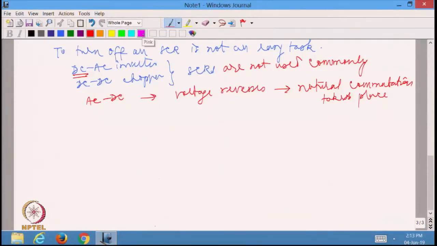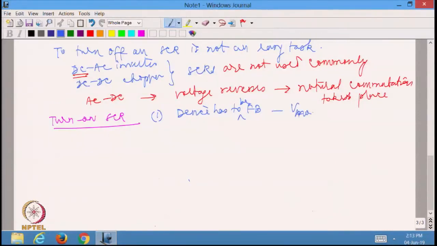So, if we summarize, the turning on of the SCR mainly requires a few conditions to be followed. First, the device has to be forward biased, which means the voltage at anode is going to be greater than the voltage at cathode.